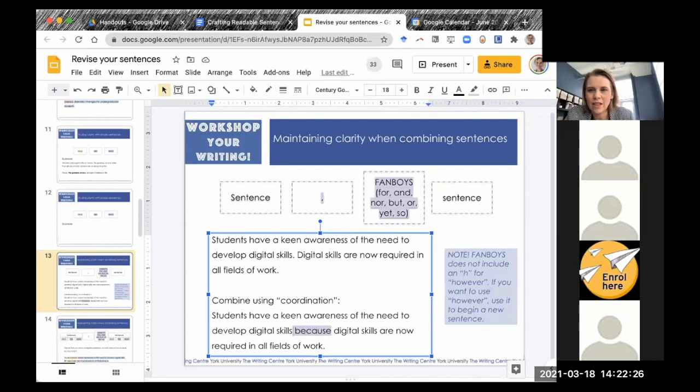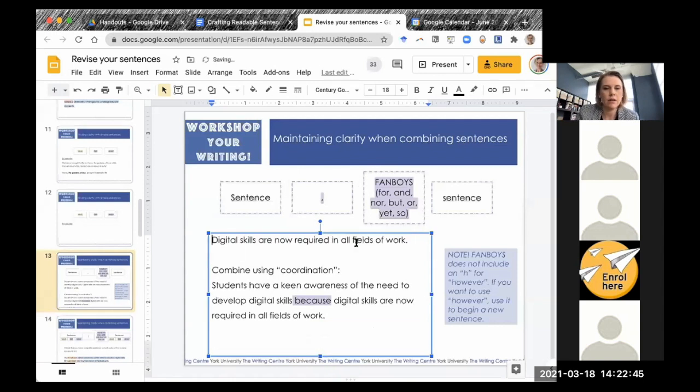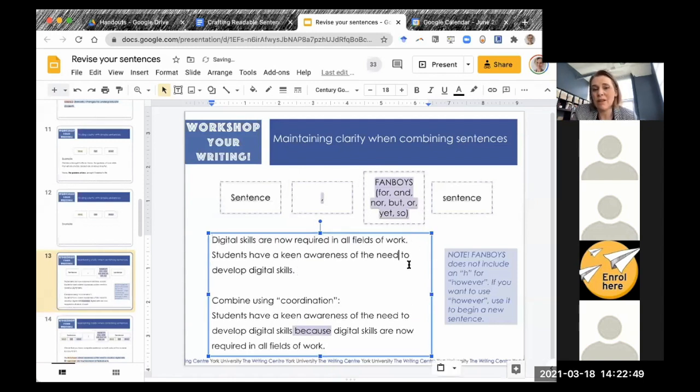Yeah, so, I see. Well, it is complicated because these words can take on different roles in your writing, right? Let's say we had digital skills as our first sentence: digital skills are now required in all fields of work. And then we have: students have a keen awareness of the need to develop digital skills.